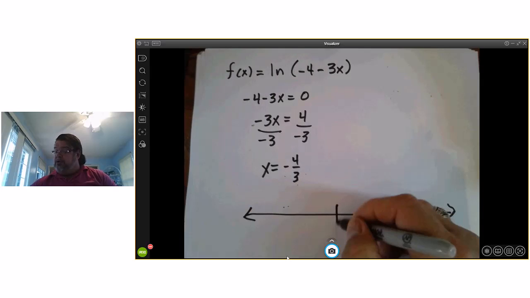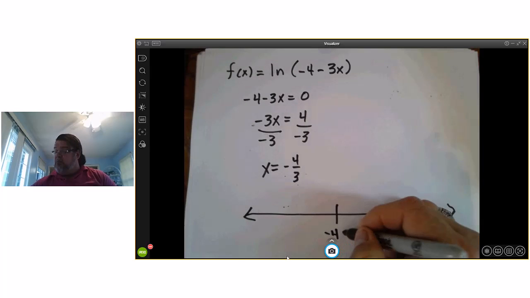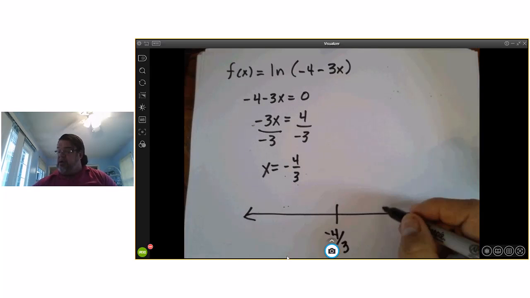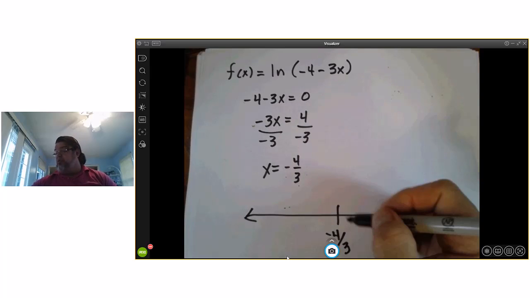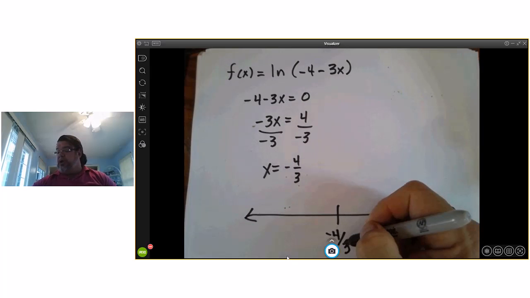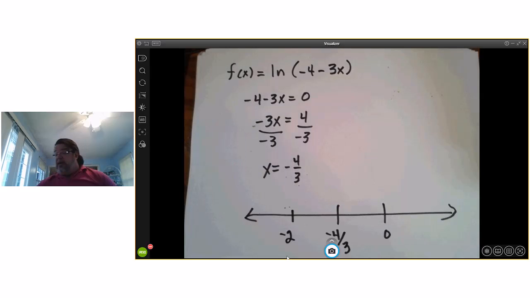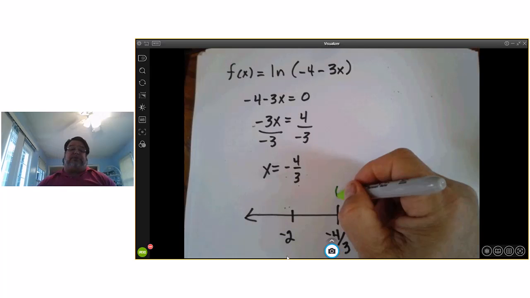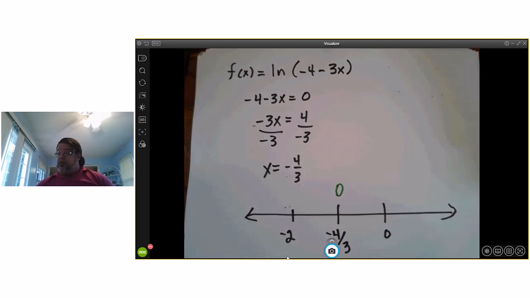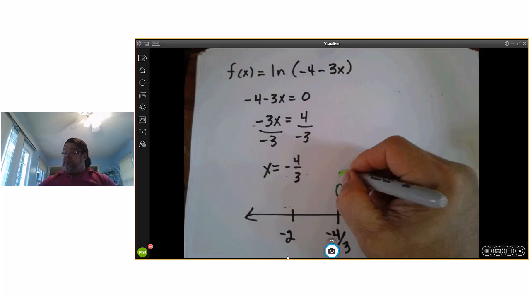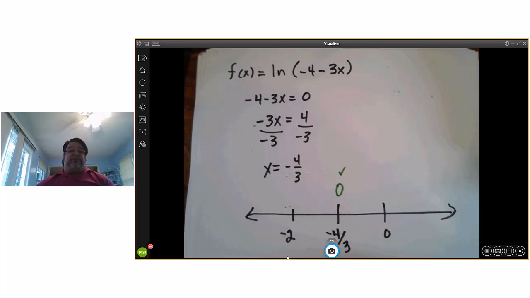Negative 4/3 is right here. 0 is right here. And that's negative 1 1/3, so I'm going to put a negative 2 right here. Now we know that negative 4/3 will give us a 0. So I can take the log of 0. That's okay.